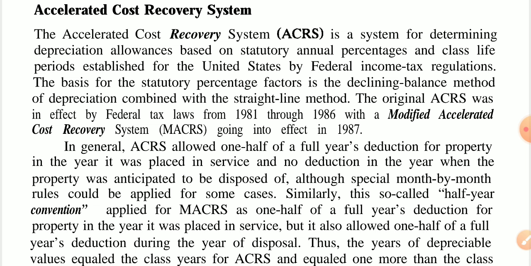Simply, in general, ACRS allows one half of a full year deduction for the property in the year it was placed in service, and no deduction in the year when the property was disposed of. Although a special month by month rule could be applied for some cases.